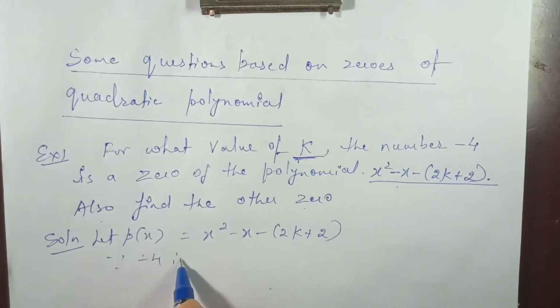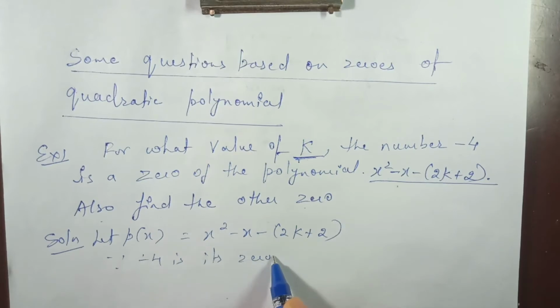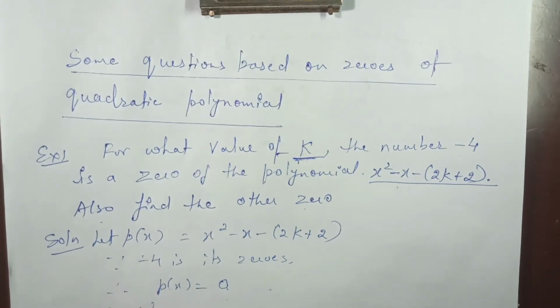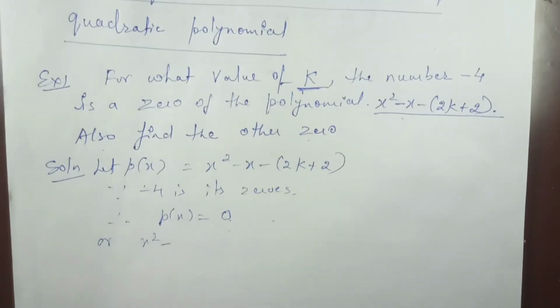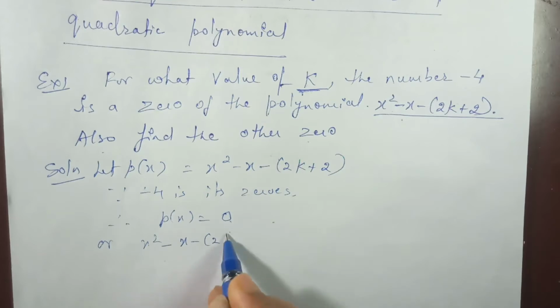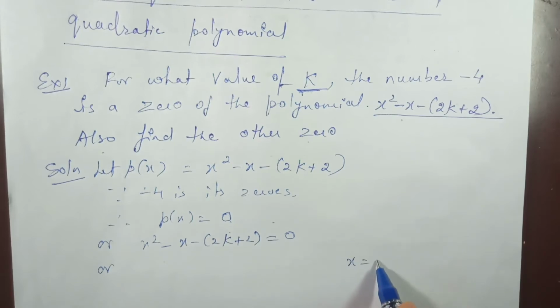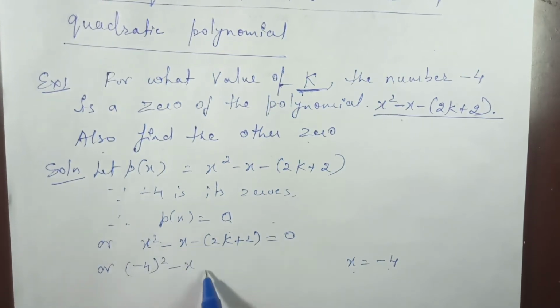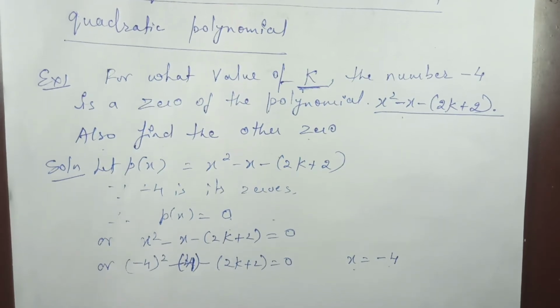Since minus 4 is its zero, therefore p(x) is equal to 0, or x square minus x minus 2k plus 2 is equal to 0. Taking the value of x equal to minus 4, because it is given minus 4 is one of the zeros, in place of x we can write its value: (minus 4) whole square minus (minus 4) minus 2k plus 2 is equal to 0.